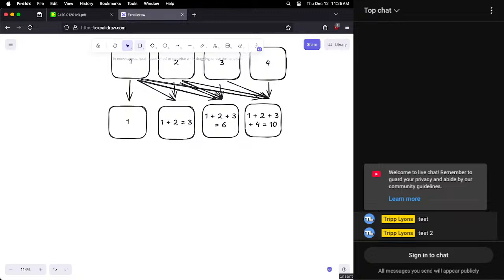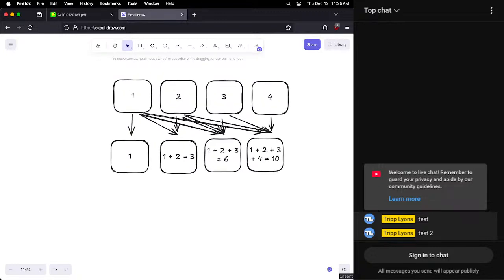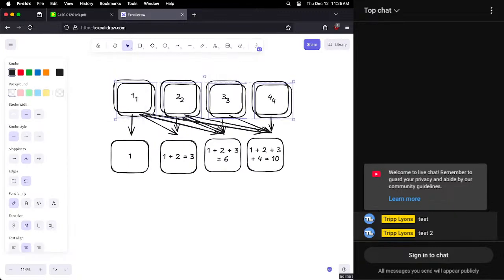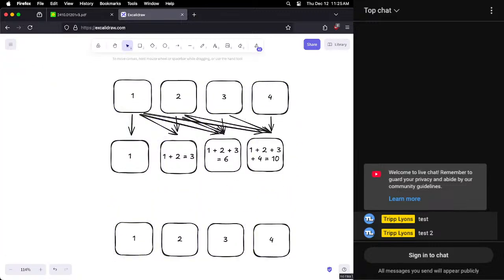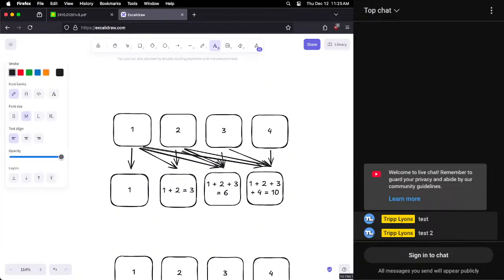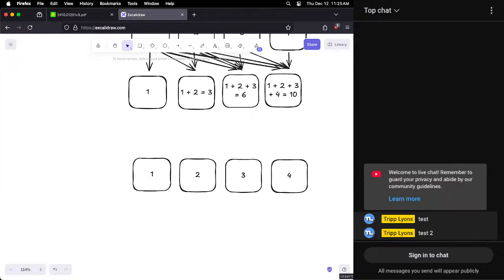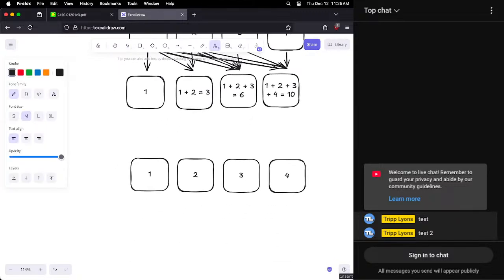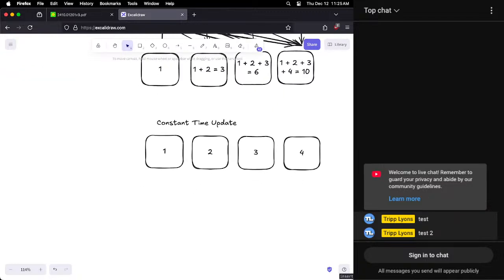So that would be, if I take these numbers, okay, this is a prefix sum, and then this is going to be the constant time update.